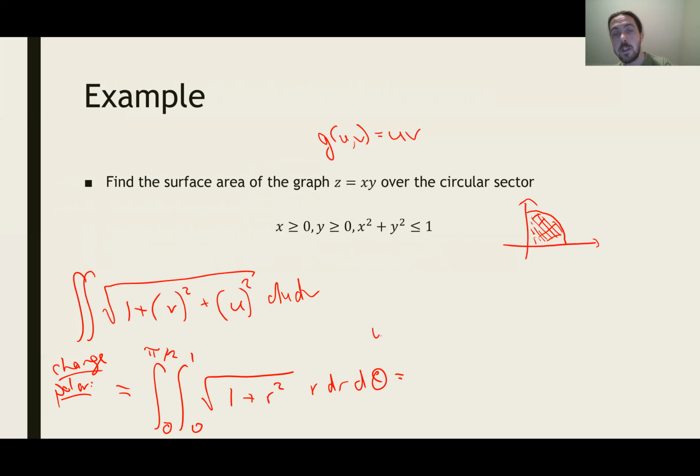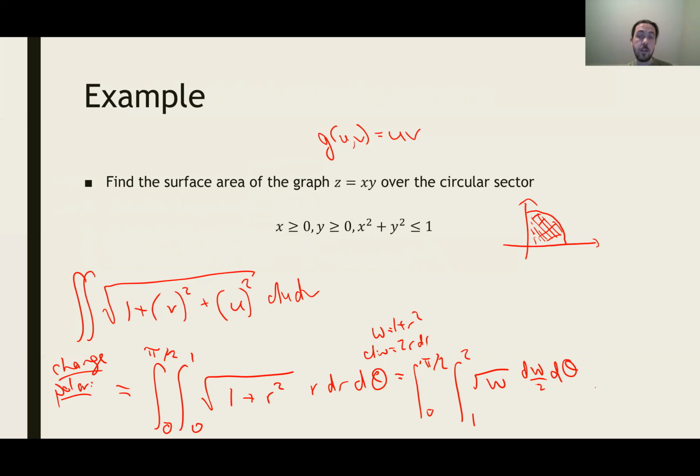We can substitute w is equal to 1 plus r squared, and then dw is equal to 2r dr. This becomes an integral from 0 to pi over 2 of an integral. If w is equal to 1 plus r squared, then this is going to turn into an integral from 1 to 2 of the square root of w times dw over 2 times d theta.